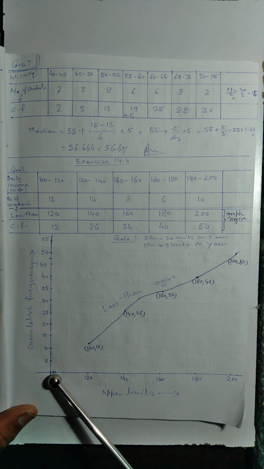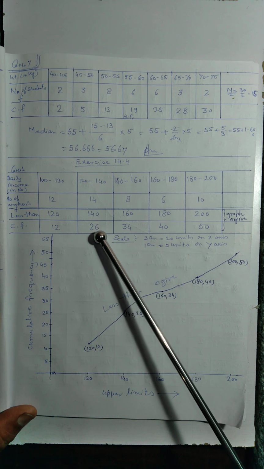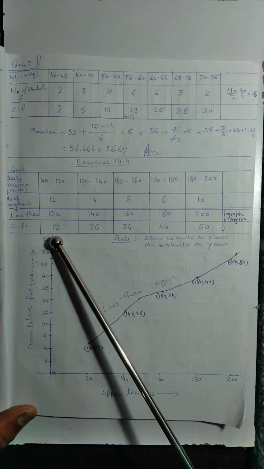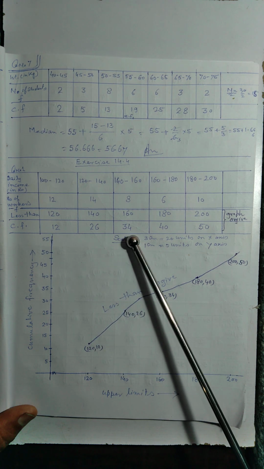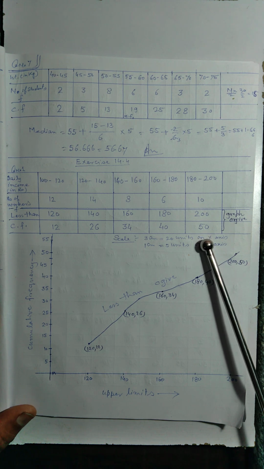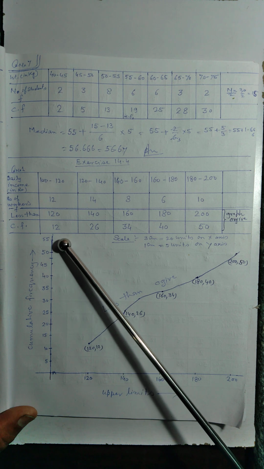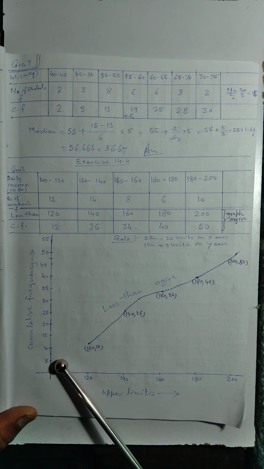Our cumulative frequency starts from 12 onwards: 12, 26, 34, 40, 50. So along the y-axis I have represented the cumulative frequency.